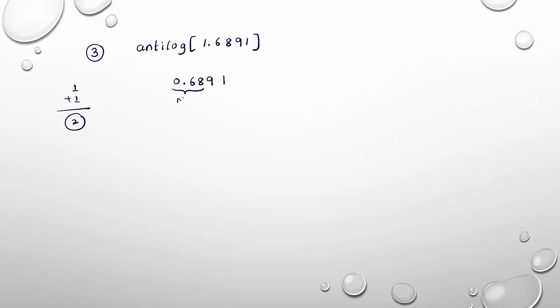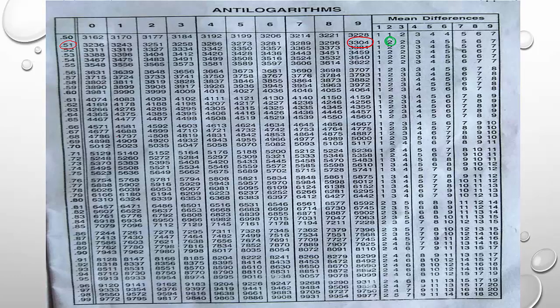0.68 is in the main column. 9 we have to observe in the difference column, and 1 we have to observe in the mean difference column with the help of the log table. Now 0.68 at 9 we have to observe. Here it is, 0.68 is here. We have to observe at 9 in the difference column.